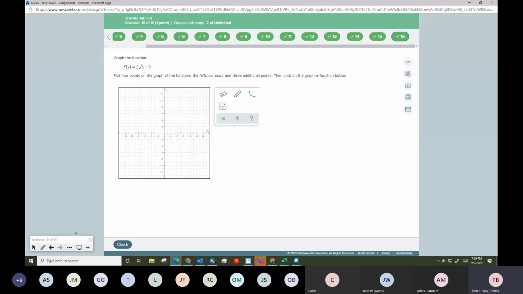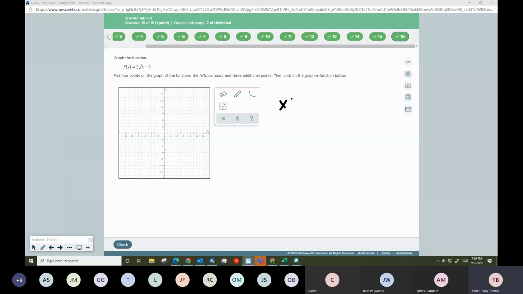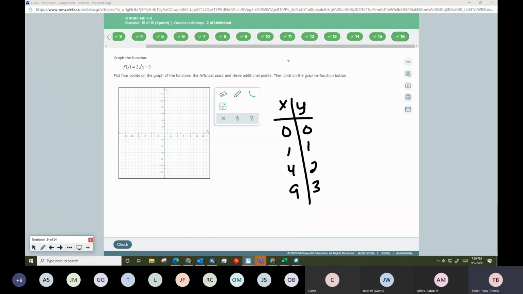All right, so same thing. We'll start off with my same parent function. So 0, 0, 1, 1, 4, 2, and 9, 3. Now this one, my changes, so I have 2 square root of x minus 3. They're both on the outside. So I'm going to do 2y first.